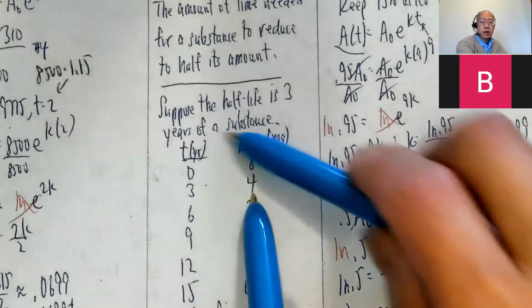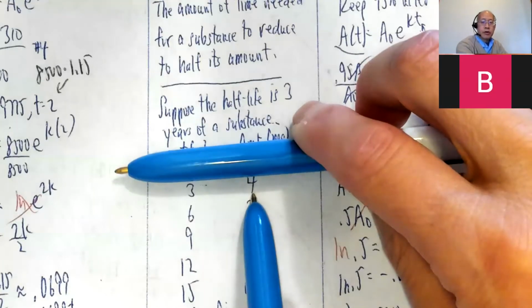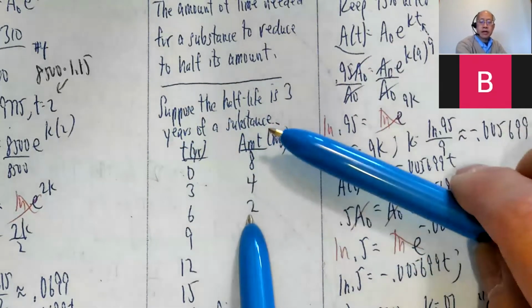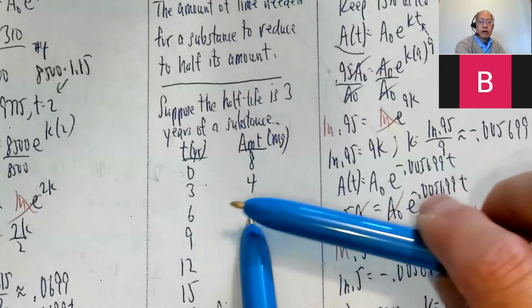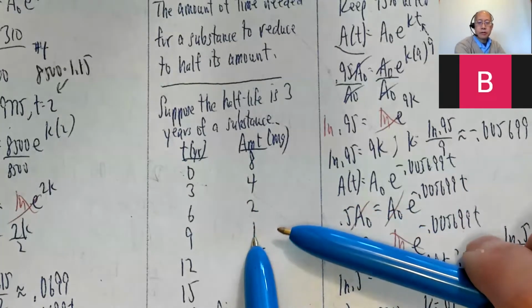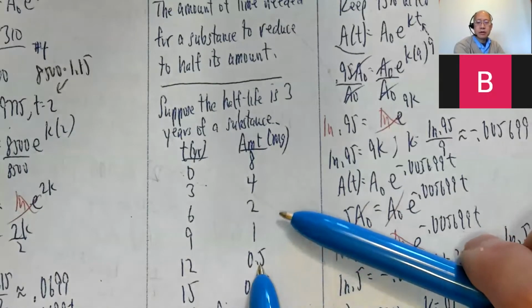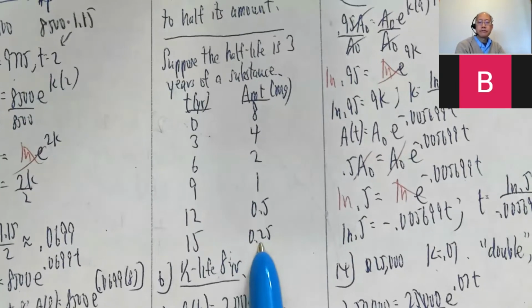Okay, it's almost like you start afresh, you start brand new and say, okay, after 3 more years, 6 total, you would have half that amount. So now you're down to 2. Okay, after 3 more years, you have half of that, which is 1. After 3 more years, you have half of that, which is 0.5. After 3 more years, half of that, 0.25, and so on.